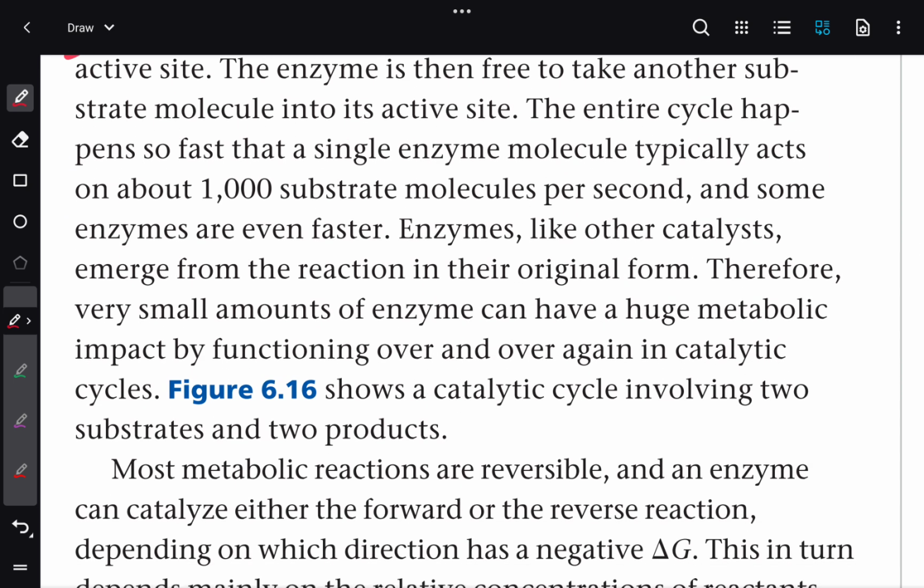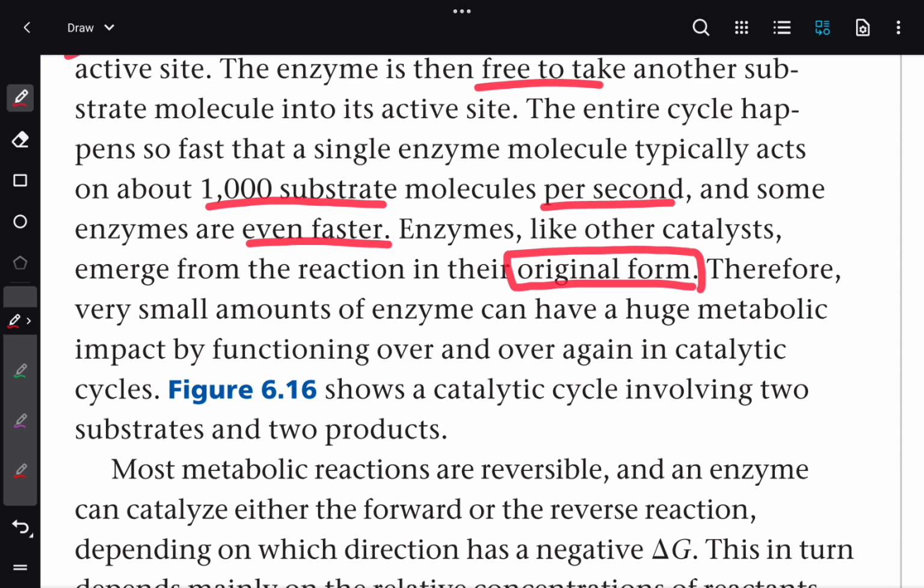Now, the enzyme is then free to take on another substrate molecule into its active site. The entire cycle happens so fast that a single enzyme molecule typically acts on about 1000 substrates per second, and some enzymes are even faster. Now, enzymes, like other catalysts, emerge from the reaction in their original form.